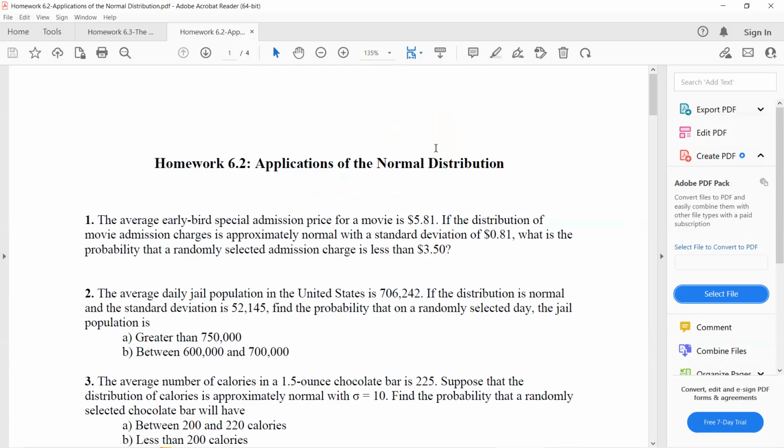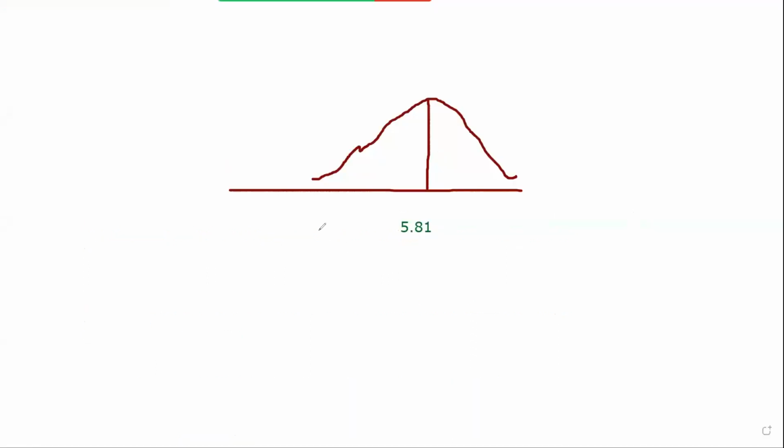So we know here that this is mu, mu is equal to $5.81. $3.50 is going to be somewhere to the left of this.